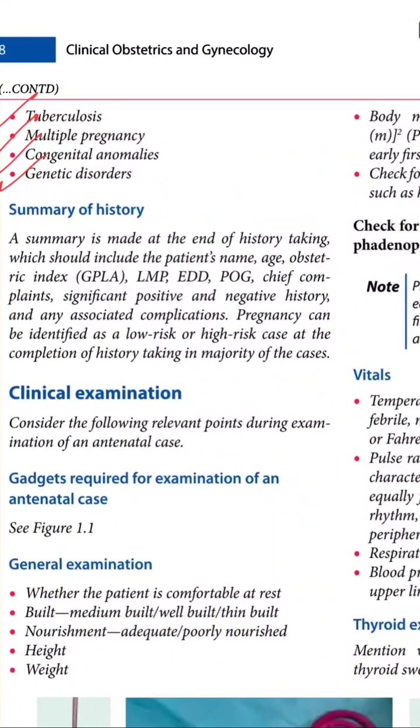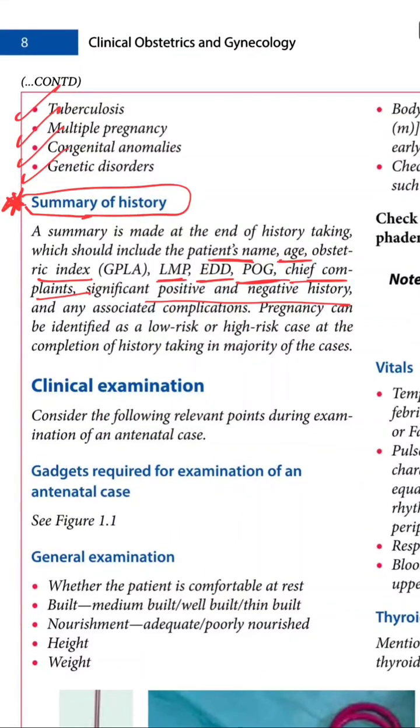Now moving on to the summary of history. So a summary is made at the end of the history taking, okay, and should include the patient's name, the age, the obstetric index, the LMP, the EDD, the POG, the chief complaints, significant positive and negative history, and any associated complications.